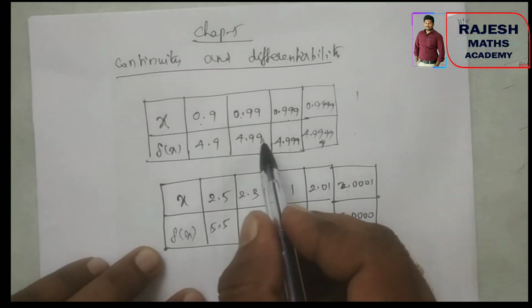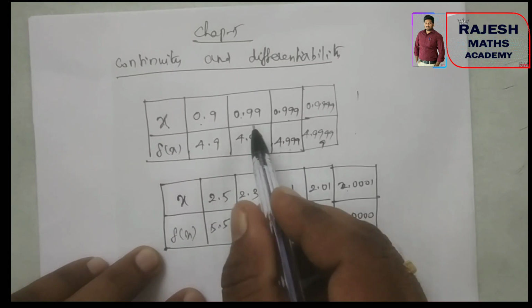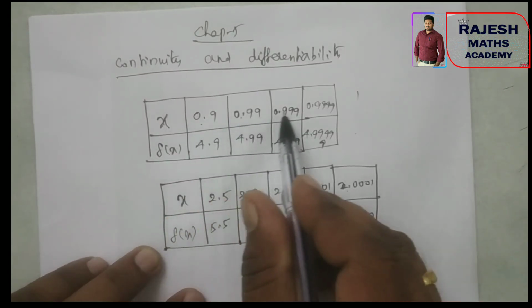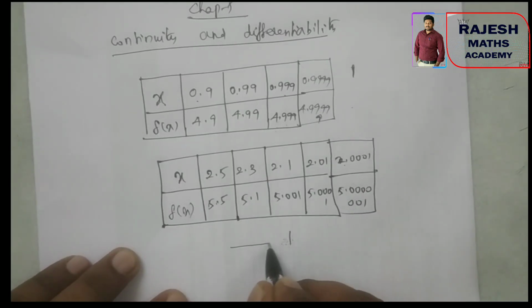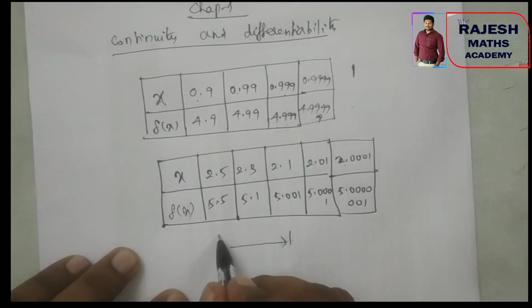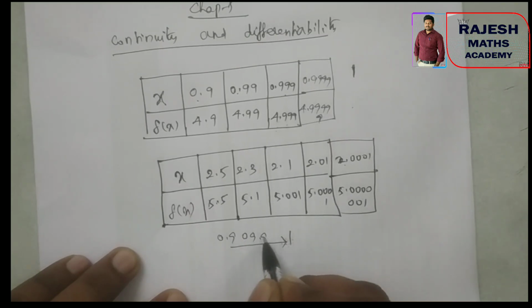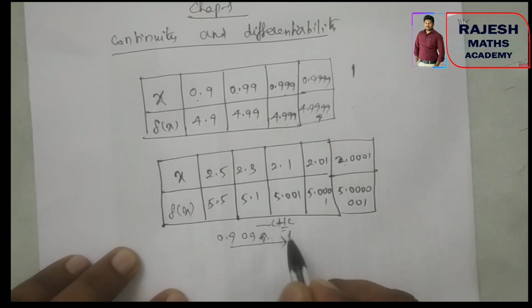So what is the difference between them? Here x is approaching 1 from the left side, that is 0.9, 0.99, like that, approaching from the left hand side.